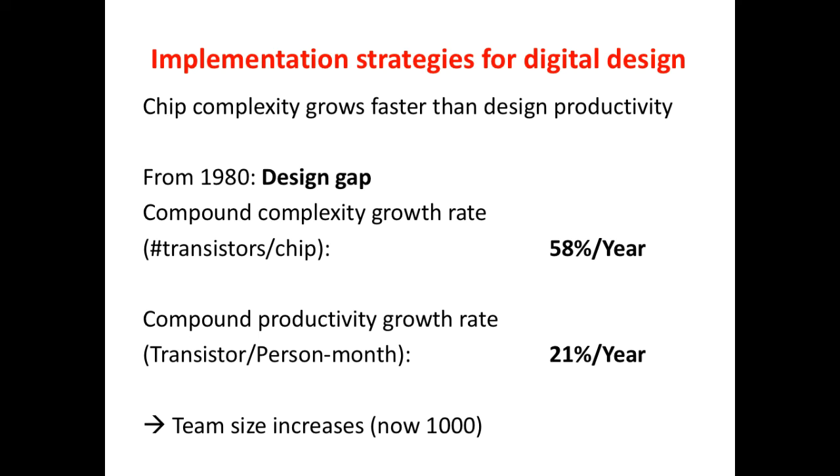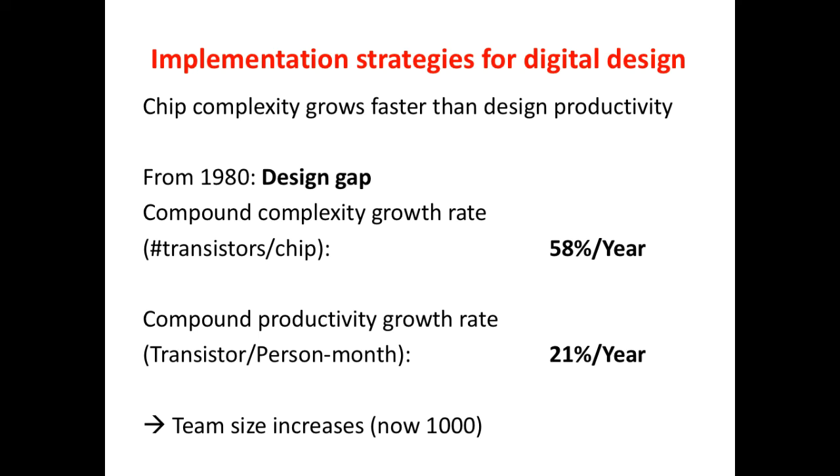Let's say we measure the number of transistors that a single person can take care of, can put into a digital circuit per every month of work. So, of course, there is a significant difference between these two numbers.